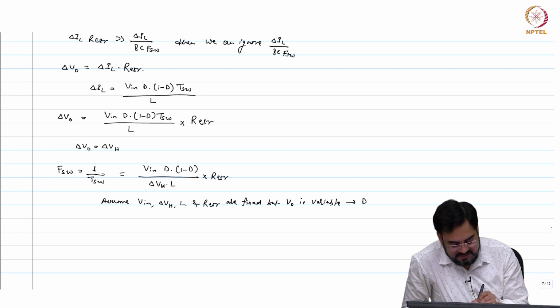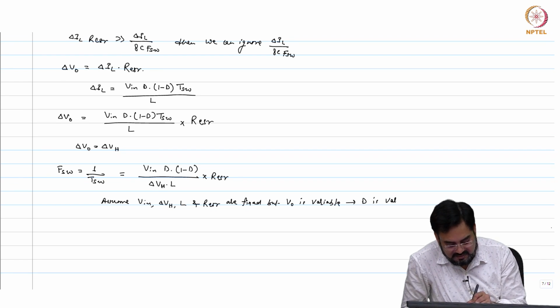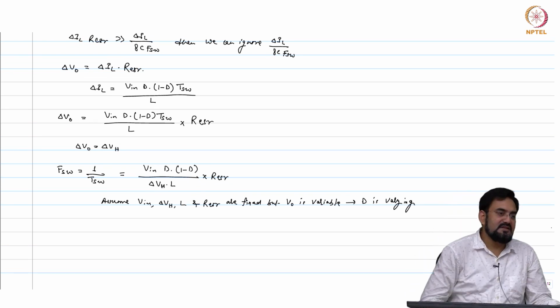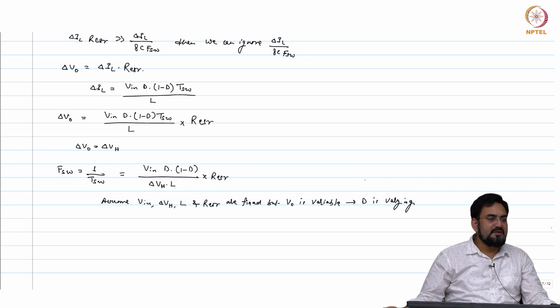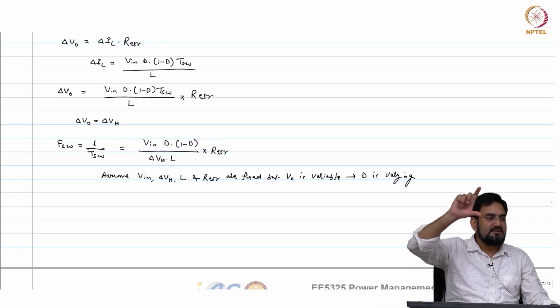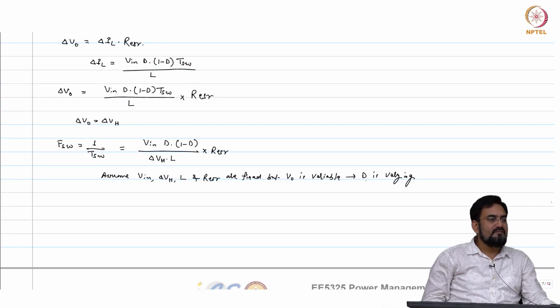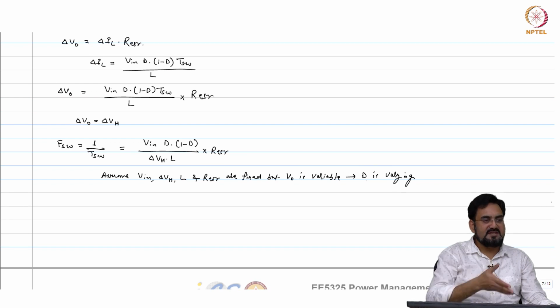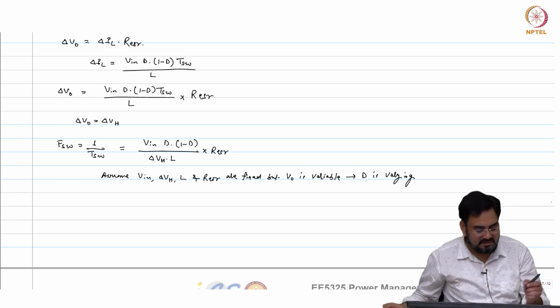This implies D is varying. Do you remember the ripple curve, duty cycle versus delta V out? If you have a fixed input and the output is varying, how does it look?